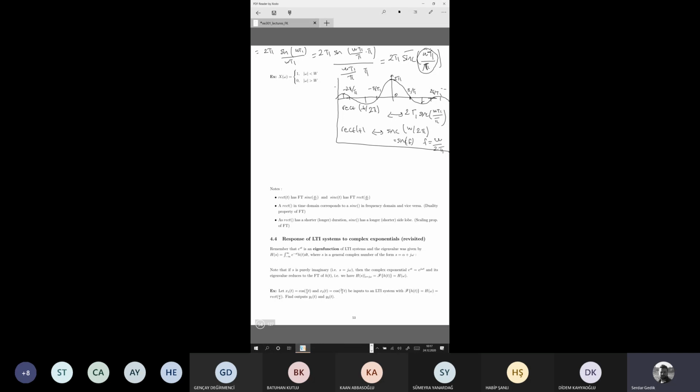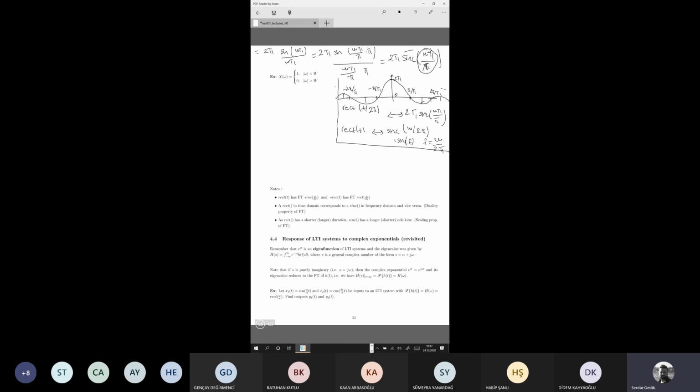Well, these are basic scaling properties, and we will see them in the next lecture. But note that rect t over 2t1 has Fourier transform 2t1 sinc omega t1 over pi, and rect t has Fourier transform sinc f, and f is omega over 2 pi.